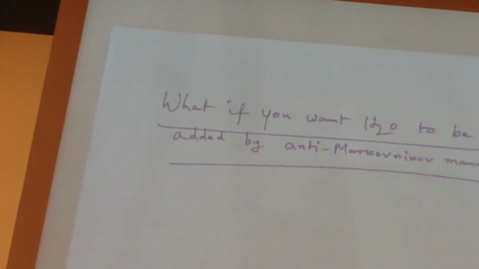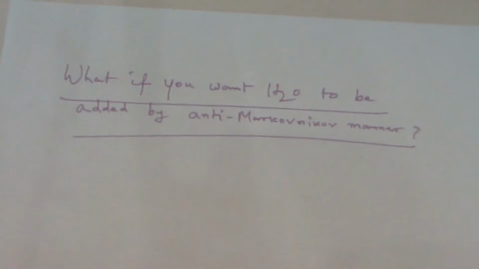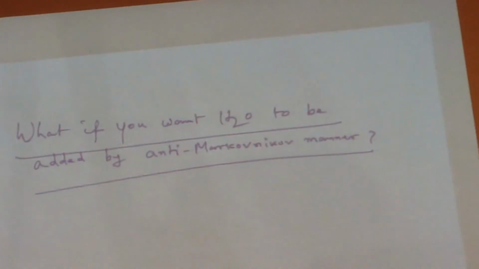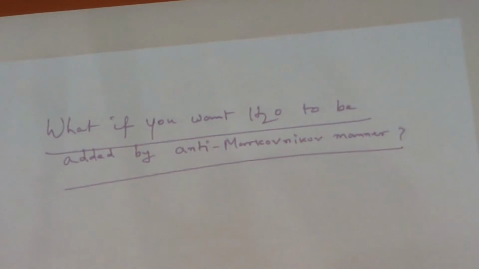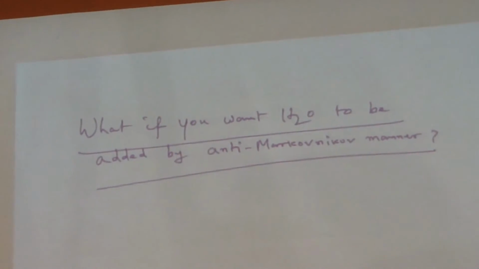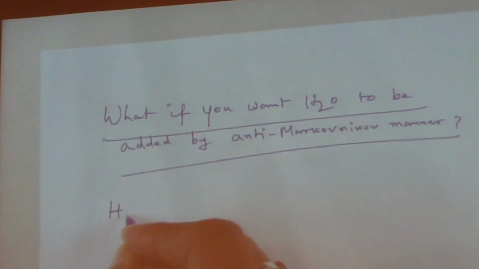So it follows the Markovnikov rule. What if you want the product by the anti-Markovnikov, which is a minor product and therefore difficult to prepare? There are chemical methods that have been developed over the years in order to create the anti-Markovnikov product. And one of the best ways to do that is the hydroboration oxidation reaction.